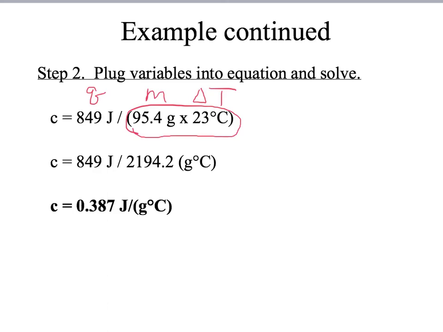So now I can do the division. So 849 divided by 2,194.2. After I divide, I end up with a specific heat equal to 0.387 joules per gram degrees Celsius. And we're done.